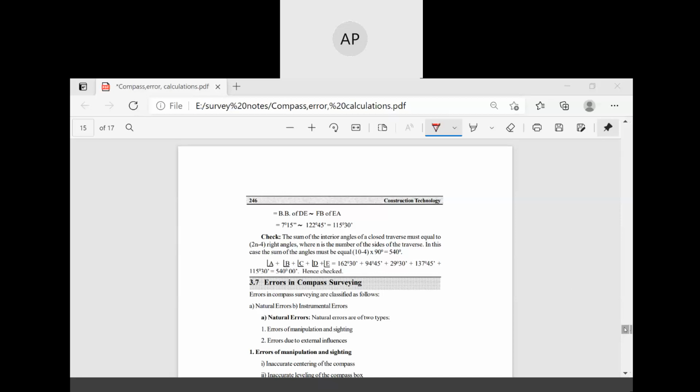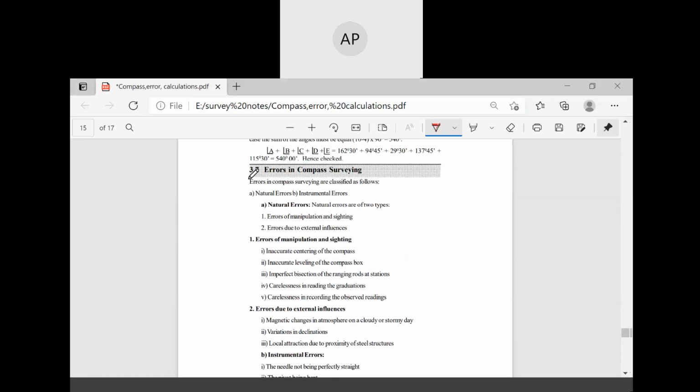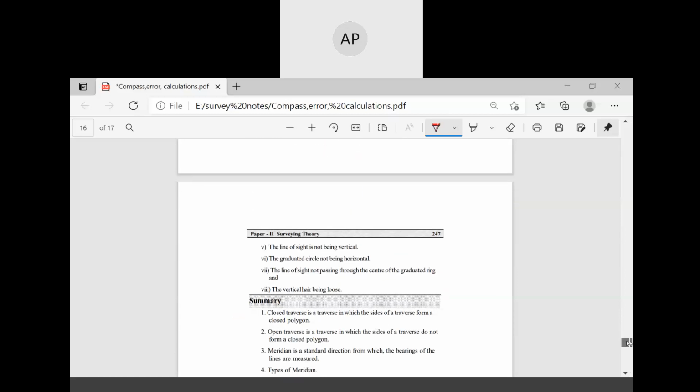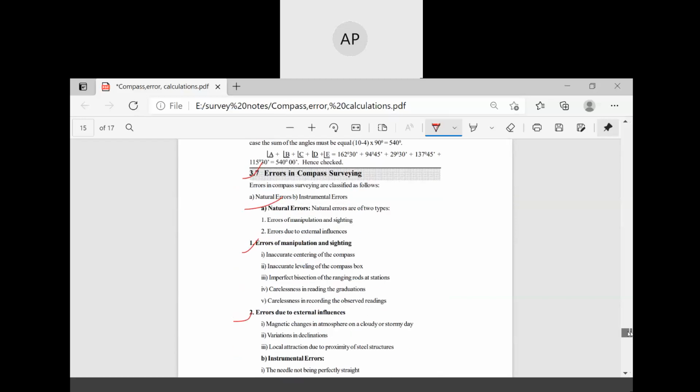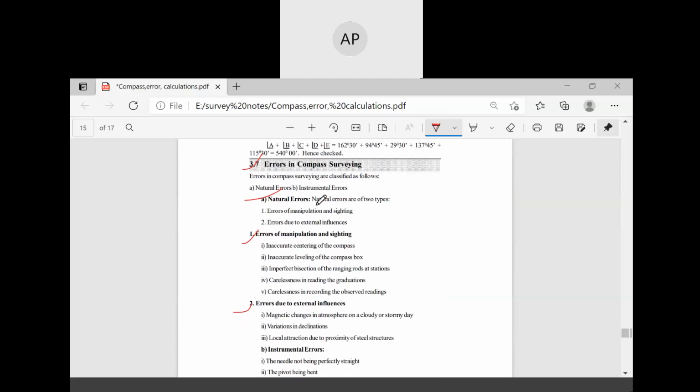So in the last, let's see what the errors in compass survey are. Natural errors, errors of manipulation and sighting, errors due to external influences. What may be the natural errors? These errors may be due to external influences, that means local attraction.